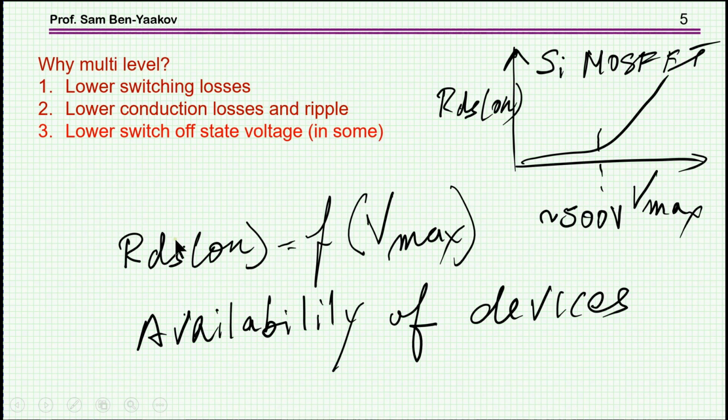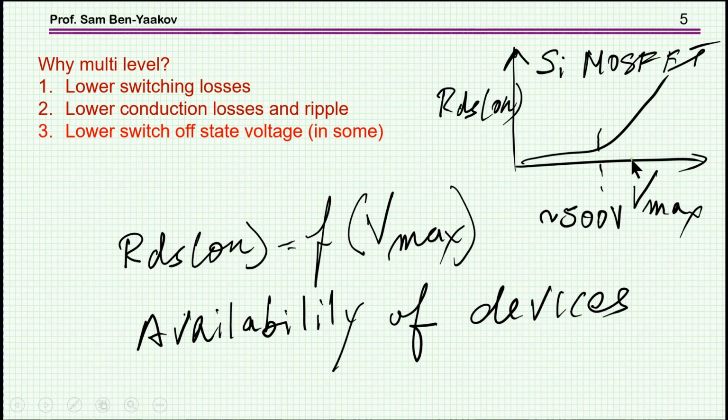And a third one is the fact that the voltage on the transistor in the off stage is lower. Again, this is not in all topologies. It is correct in the topology we are going to discuss. And this is important also from the fact that in many devices, for example, a silicon MOSFET, RDS on is a function of the blocking voltage of the device.